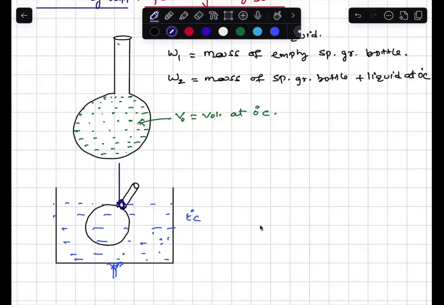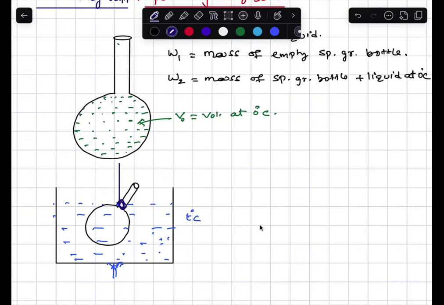So at T degrees centigrade, you have the entire specific gravity bottle filled with the liquid, but some portion came out. Then I will remove that and allow it to cool again till 0 degrees centigrade.